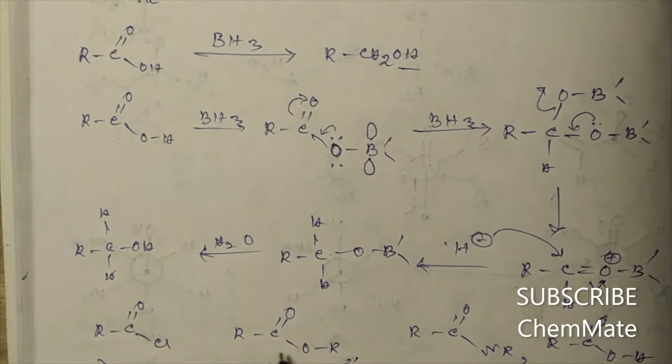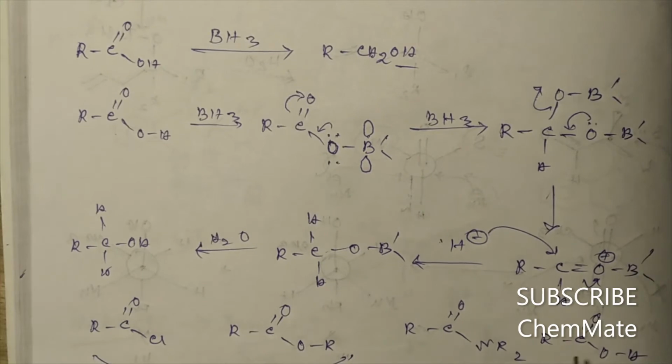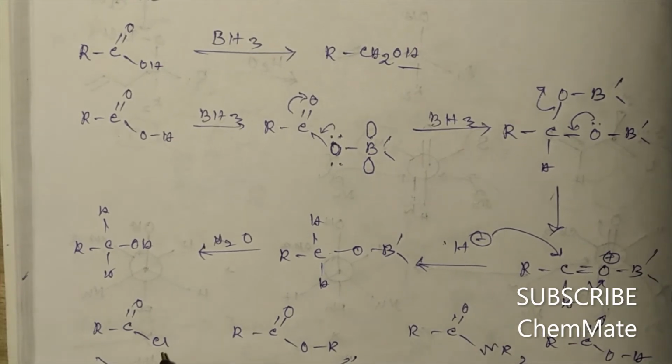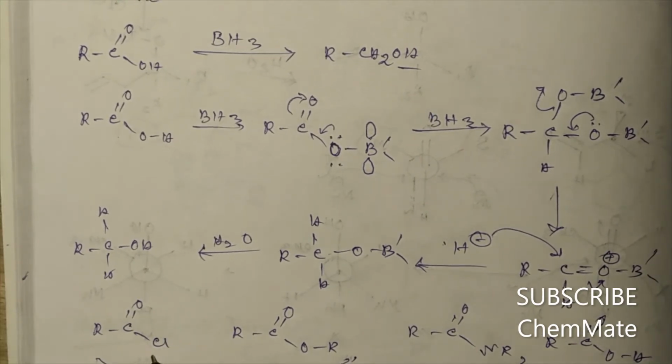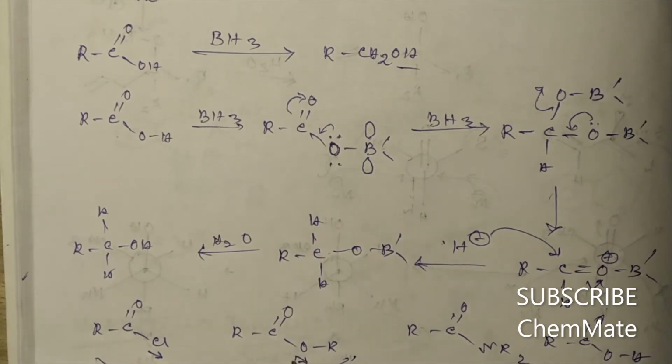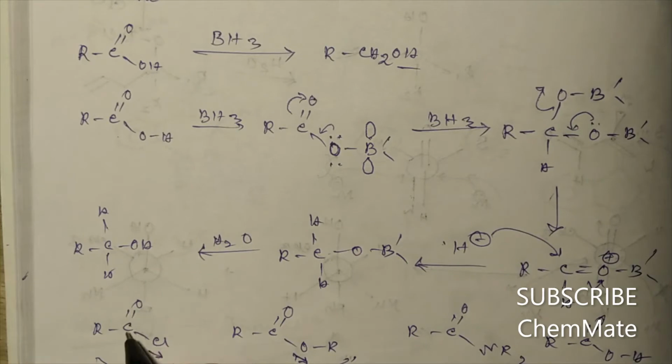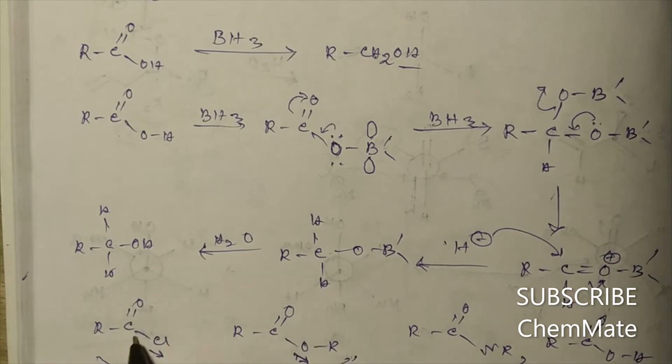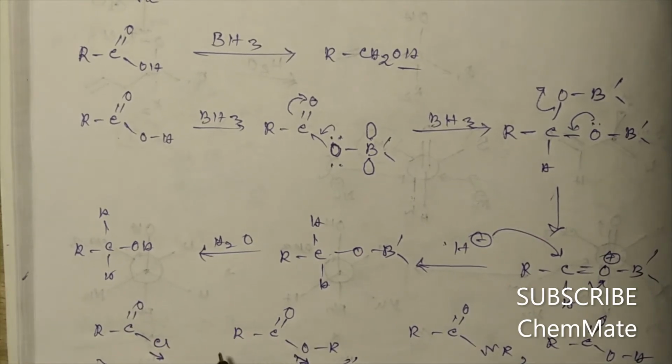These are much more electrophilic than these two, because here the Cl has strong minus I effect, as well as OR has strong minus I effect. So the electrophilicity of this C=O is much higher.